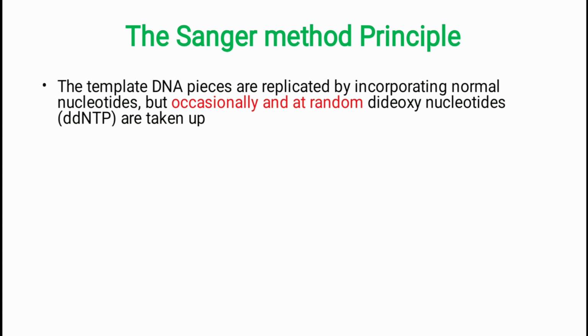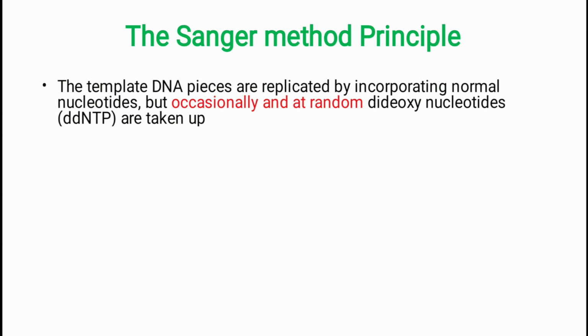Here the template DNA is a single strand, and we have the primers and the polymerase. Similar to replication, the strand synthesis or elongation takes place by incorporating the nucleotides which are provided in the reaction tube. And as we said before, a small proportion of dideoxynucleotides are added.